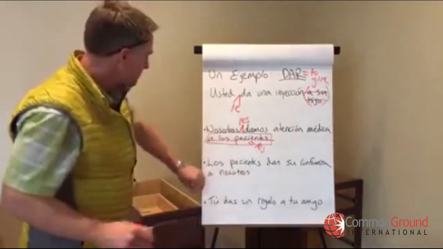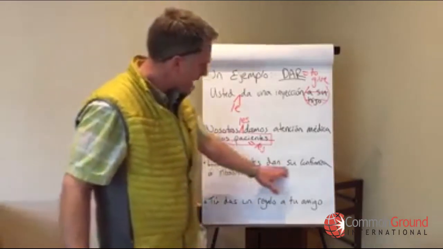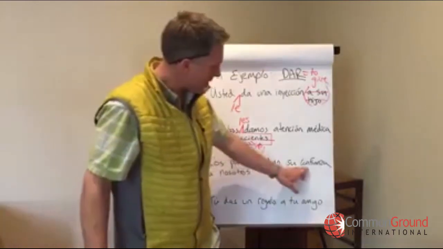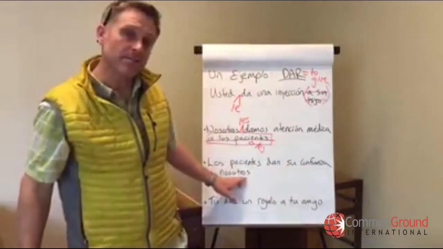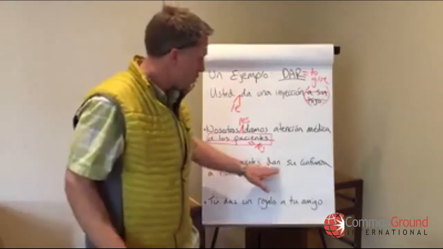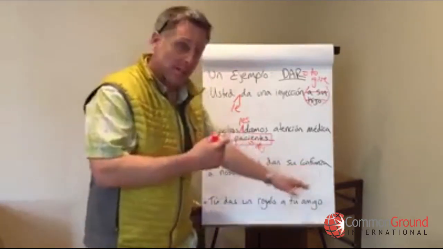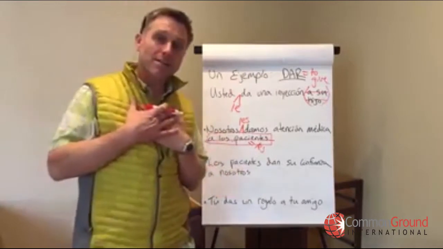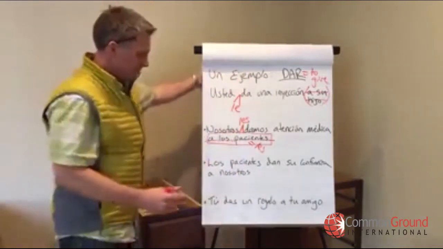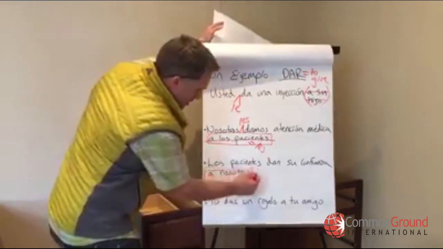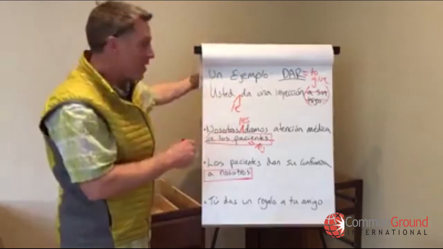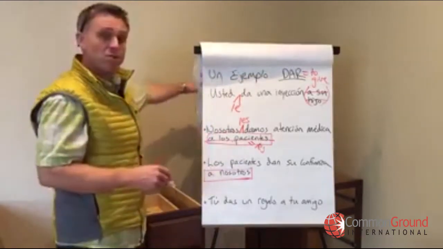Okay? Bien. Los pacientes dan su confianza a nosotros. Patients give their trust to us. Okay, what's being given? Su confianza, direct object. To whom? To us. And so what's the to us equivalent? A nosotros is the complemento indirecto, and if we want to put a pronombre there, which is the one we'll use?